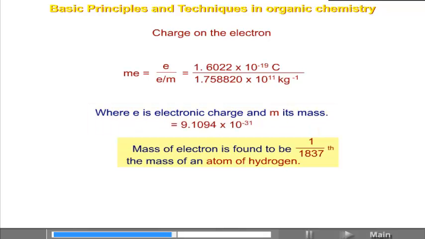Mass of electron is found to be 1/1837 the mass of an atom of hydrogen.